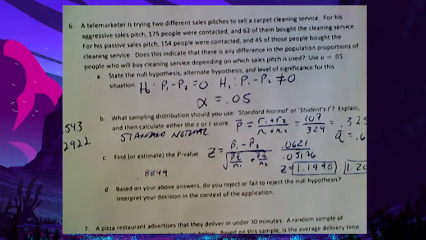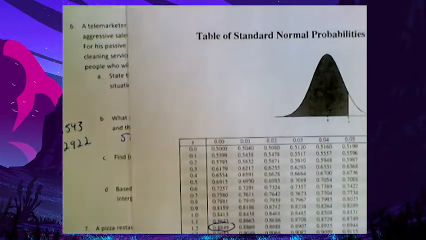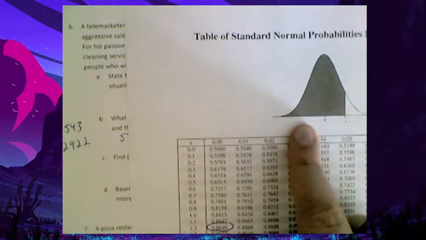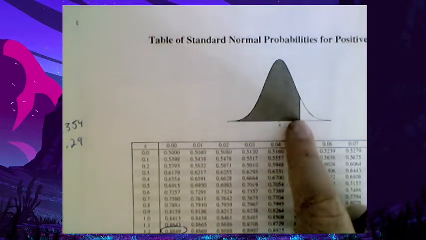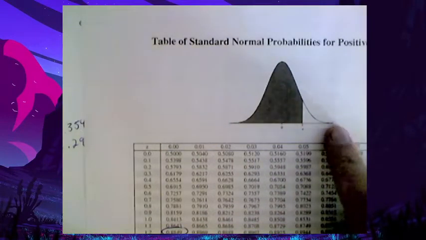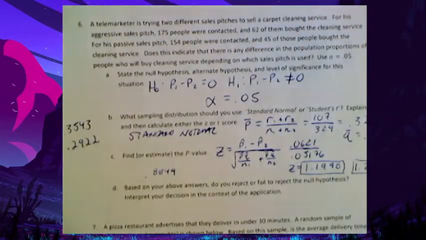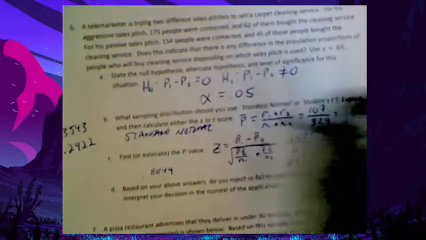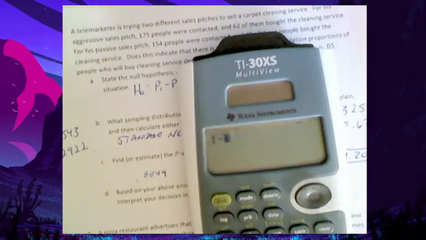But once again, that is on the left-hand side, and I'm looking for stuff on the right side of it. So I need to do 1 minus that, 1 minus 0.8849.